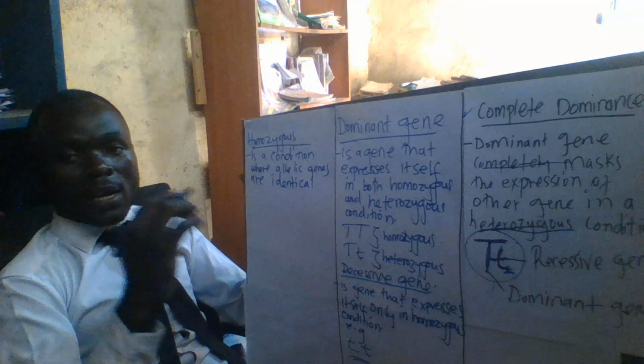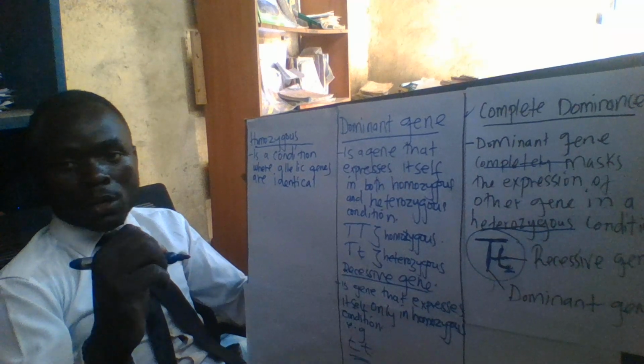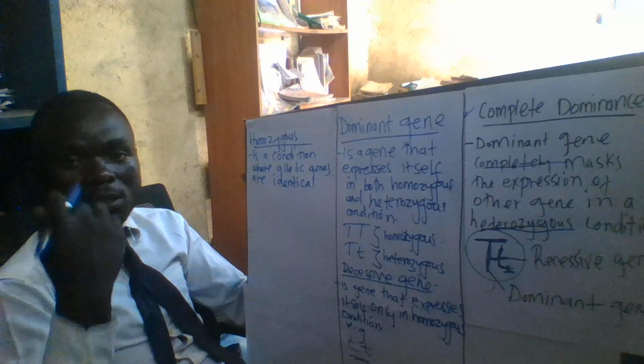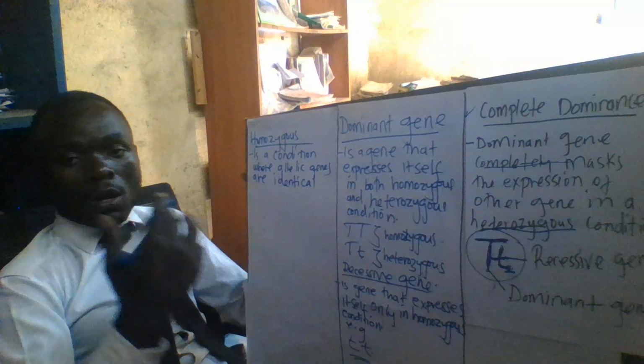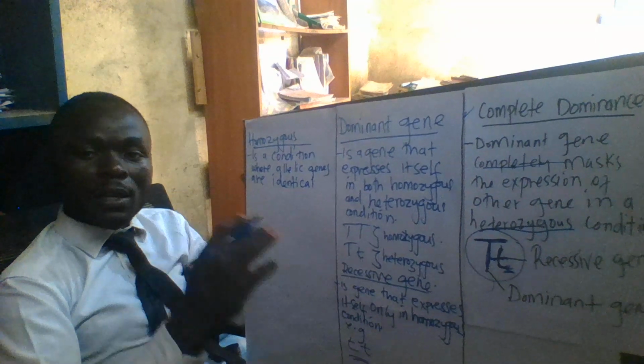So the condition where allelic genes are identical is what we refer to as homozygous condition.